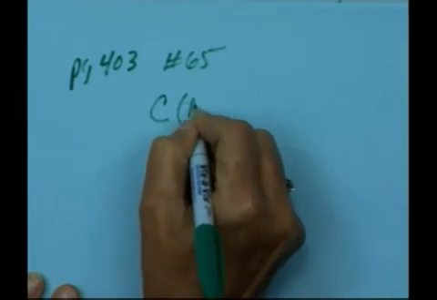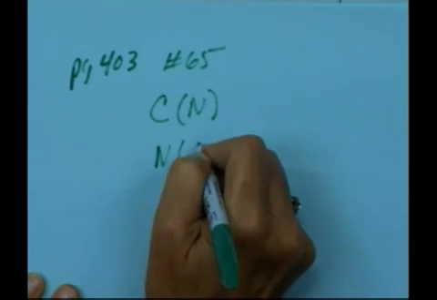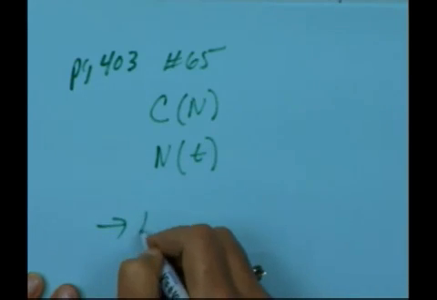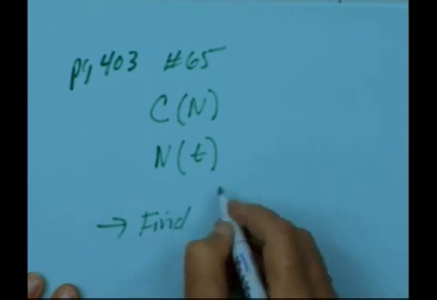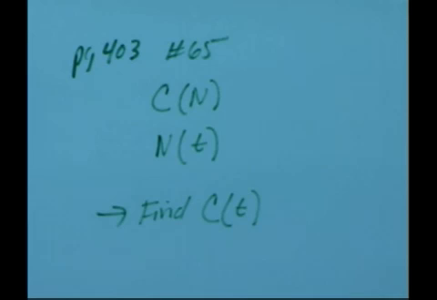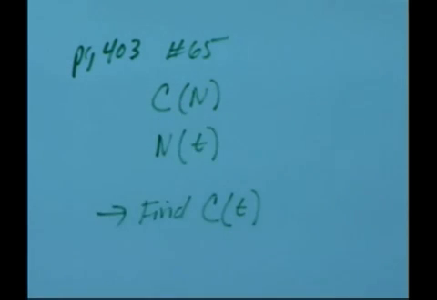Cost is a function of number of cars. Number of cars is a function of time. The problem says find the cost as a function of time. What are you going to do, everybody? How are you going to get this n to be in terms of time?